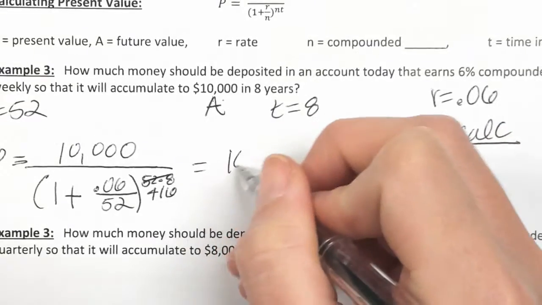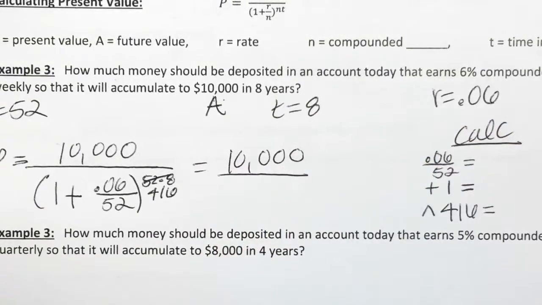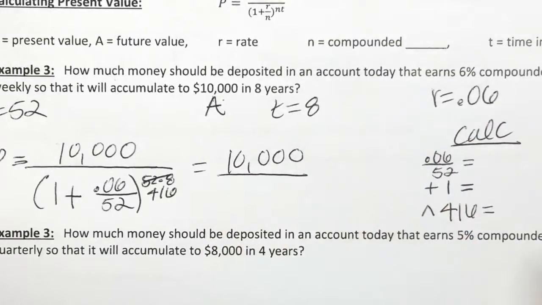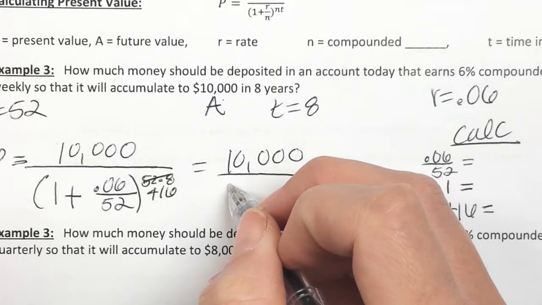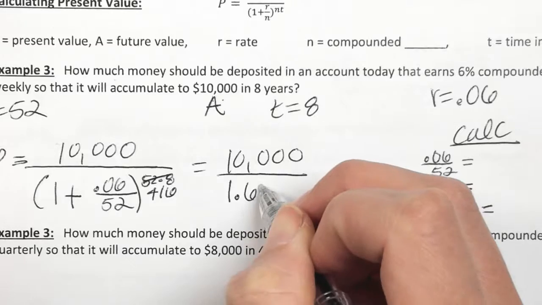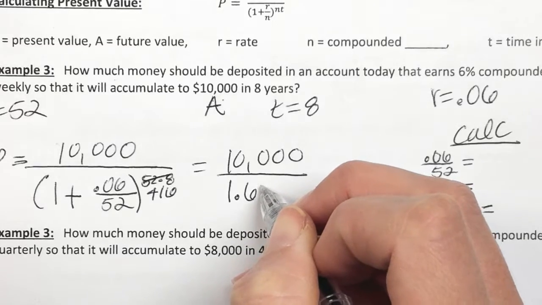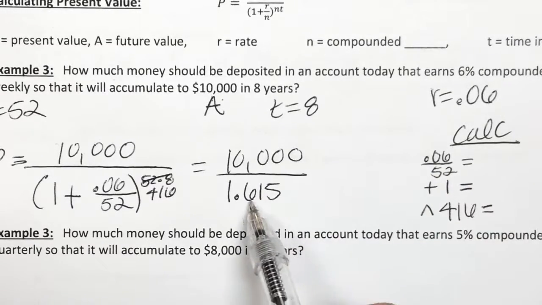Somebody tell me what that denominator is going to be. 1.615. Okay, we can just leave it there.